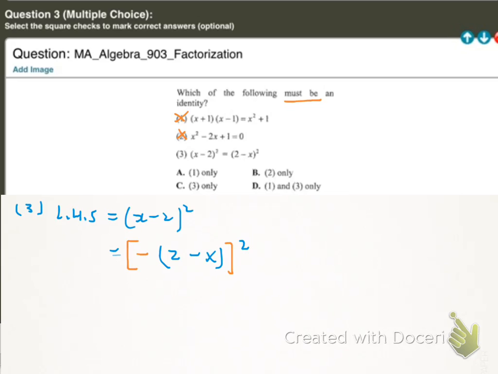And you can always check to make sure that they're still the same. Then I expand out the bracket with the square term. So every element inside gets squared, including this minus 1. So hence, this now is the same as the right hand side. So the answer here is C, which is 3 only.